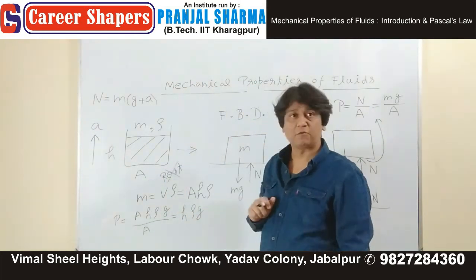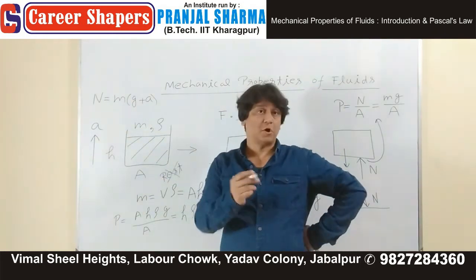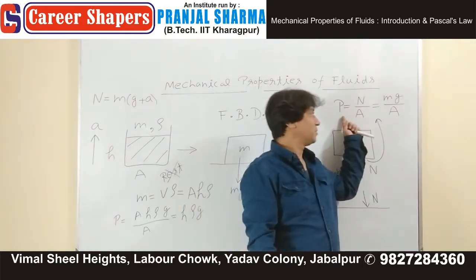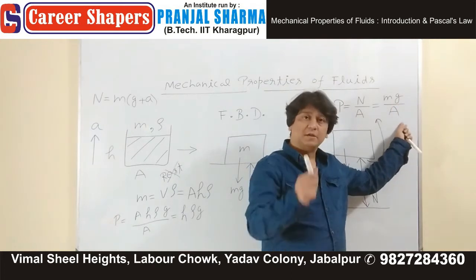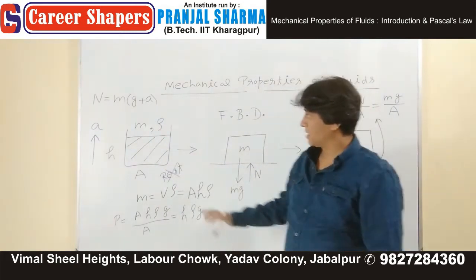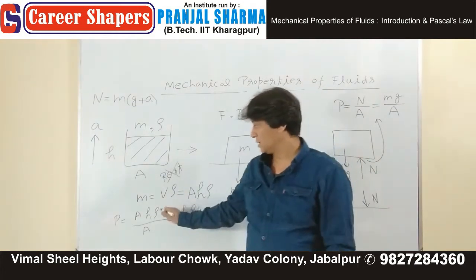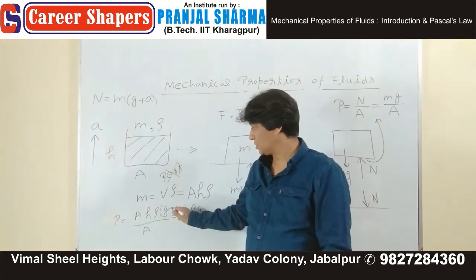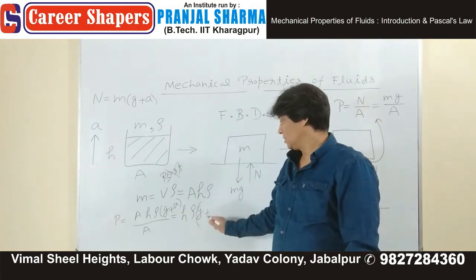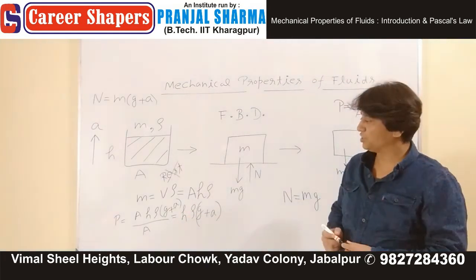The beaker is no longer at rest, it is going up with an acceleration of a, and therefore the normal reaction will be m times (g plus a), which means it's not correct to remember P as mg upon A. It is better to remember P as N upon A, which in this case will be, let me do the changes in this part only, and you can write it in a separate note. Replace this g with g plus a, and your pressure therefore becomes h rho multiplied by (g plus a).